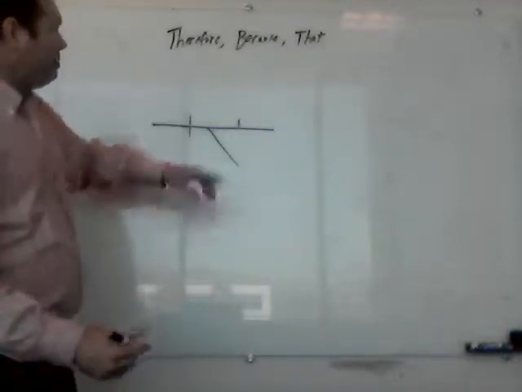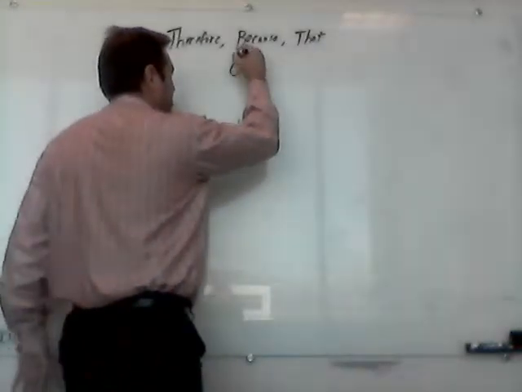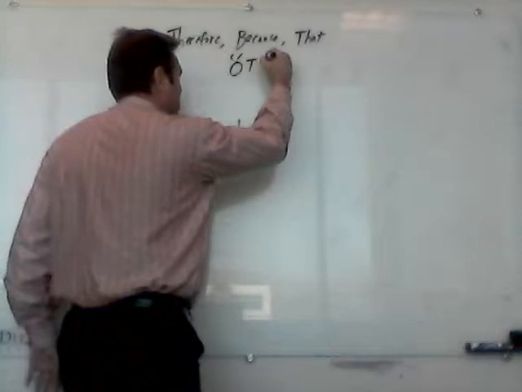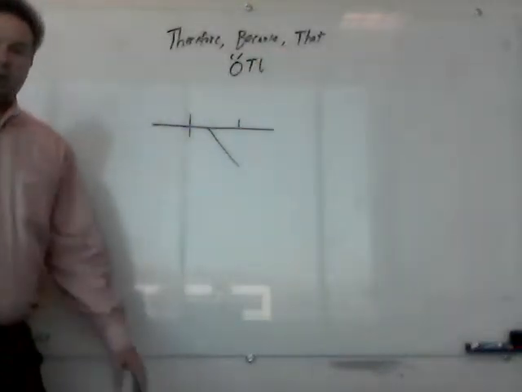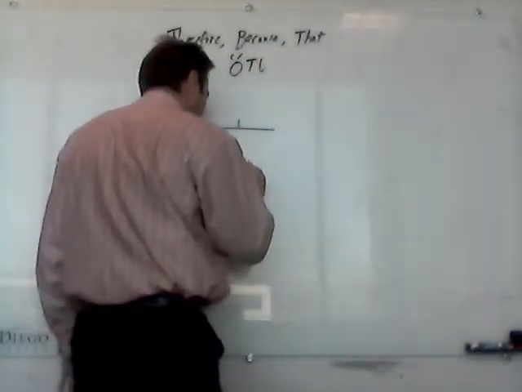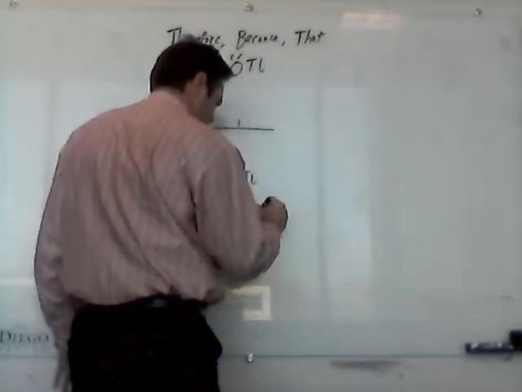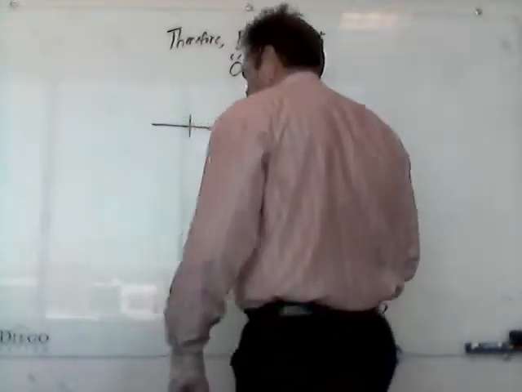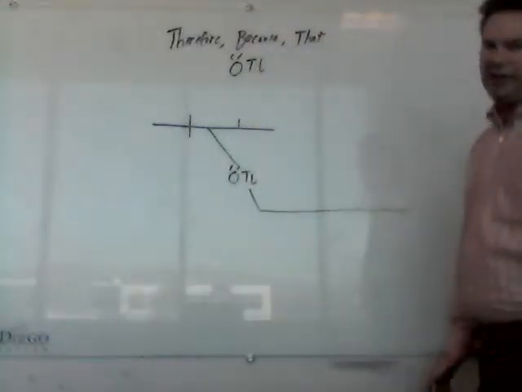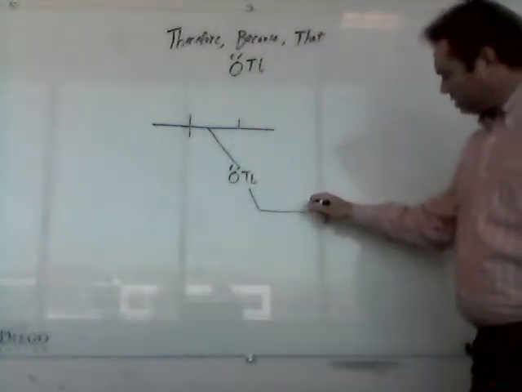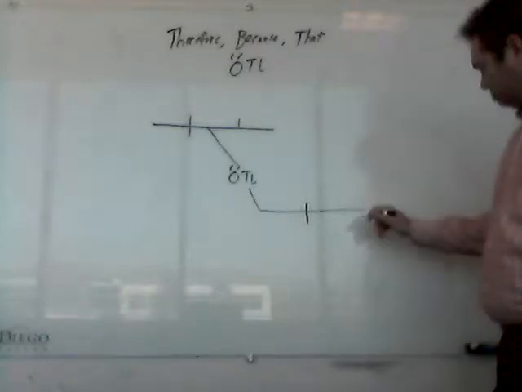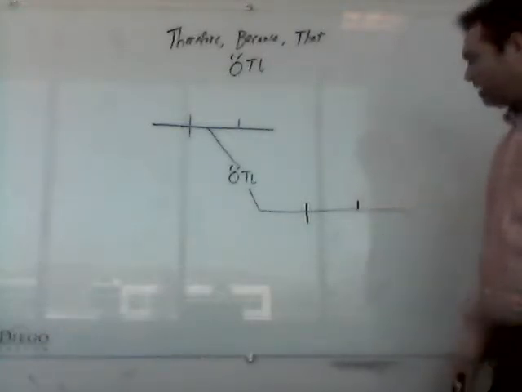Like a conjunction that means because is the conjunction hoti. And you'll see that eventually. So we would put a hoti like that. And then we'll put our other clause down like this.